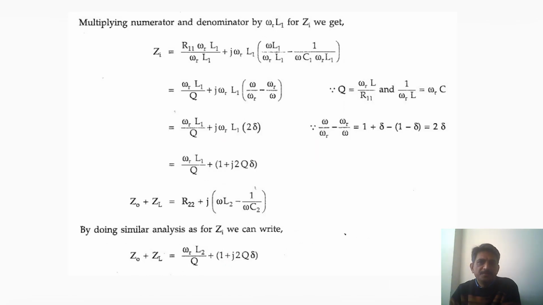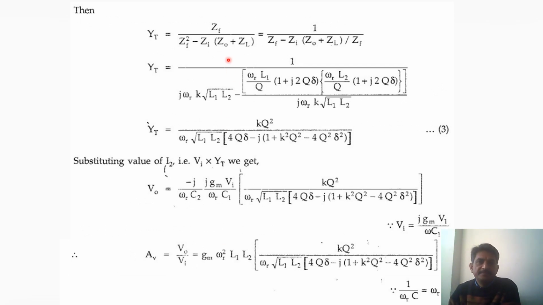Multiplying numerator and denominator by omega r L1 for Zi, we reduce it to omega r L1 upon Q times 1 plus j 2 Q del. So Zo plus Zl will be R22 plus j omega L2 minus 1 upon omega C2. So Zo plus Zl will be written as omega r L2 upon Q times 1 plus j 2 Q del.